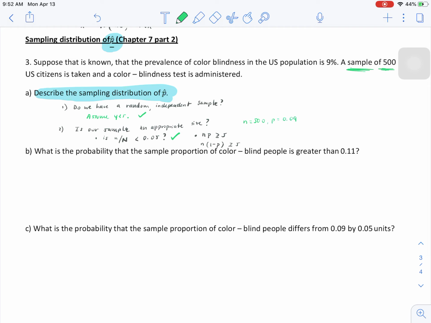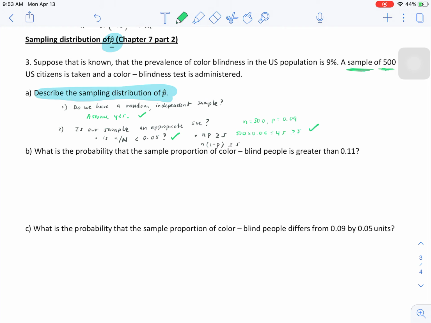So 500 times 0.09 is, oops, actually 45, which is definitely greater than 5.